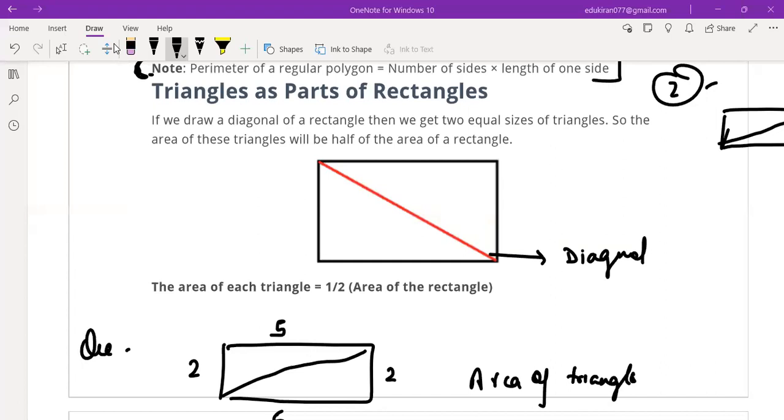Chakrika, what do you say? Is it 5 or 6?